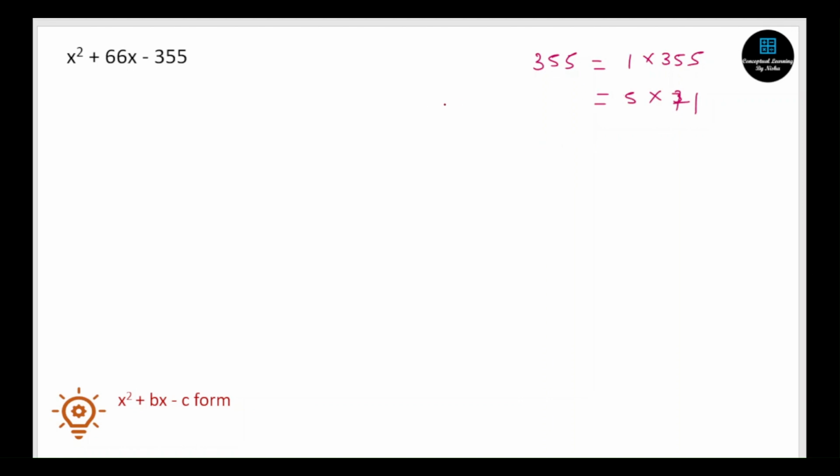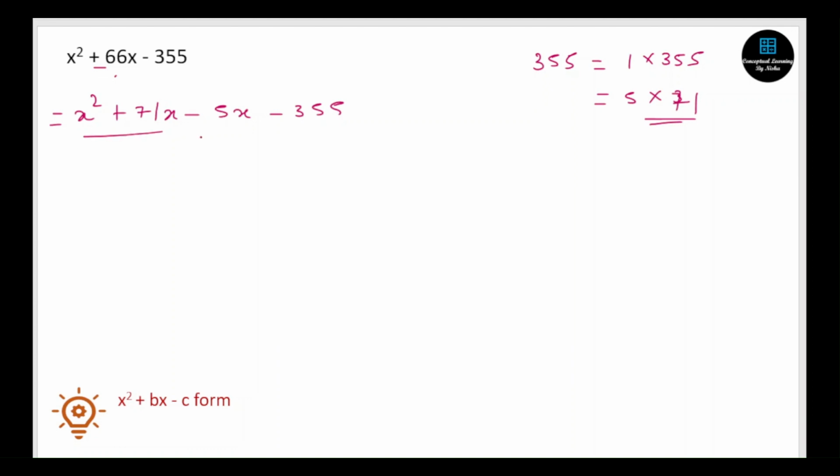I have to think about the difference of the factors because it is a negative number. If I subtract these two, do I get this one? Yes. So I'll write this as x square plus 71x. Remember, the bigger number takes the sign of the coefficient of x. Here it is plus, so I am taking plus, and then I subtract the other factor, which is minus 5x minus 355.